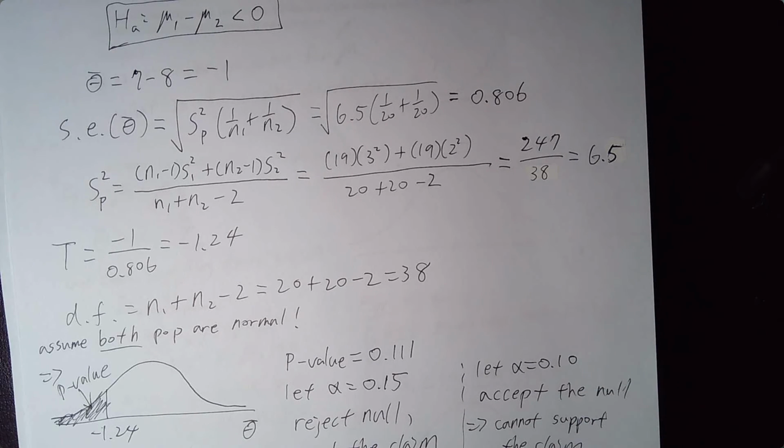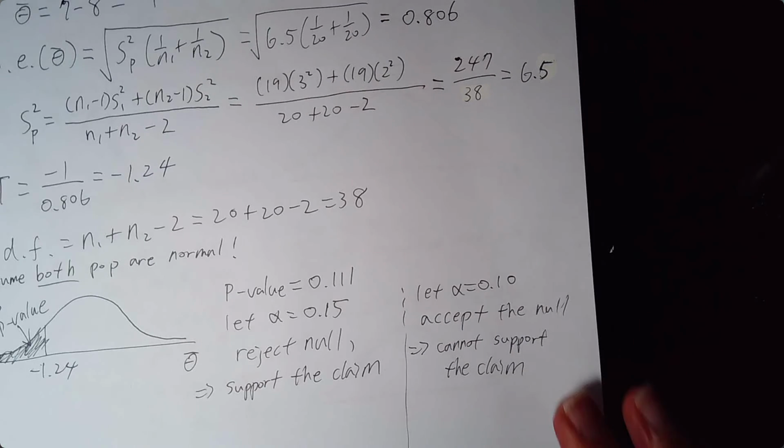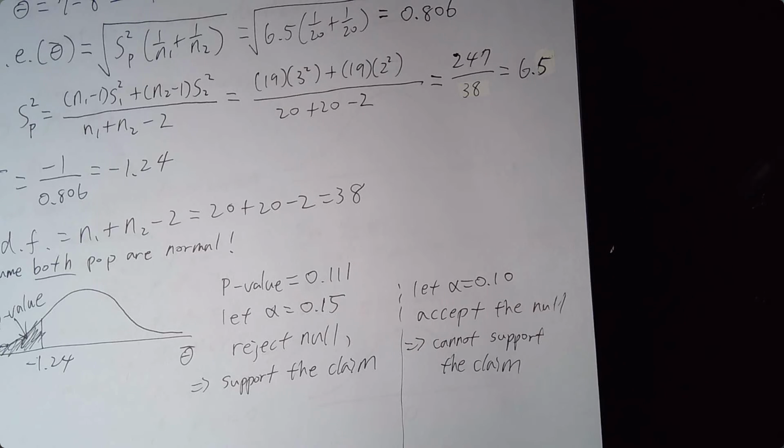Now, which one is right? Well, the short answer is no, there is no right alpha, right? Because remember, alpha is the amount of risk that the researcher is willing to accept for making a type 1 error. So I'm going to choose alpha for you, but when you do your own studies, you can choose alpha.